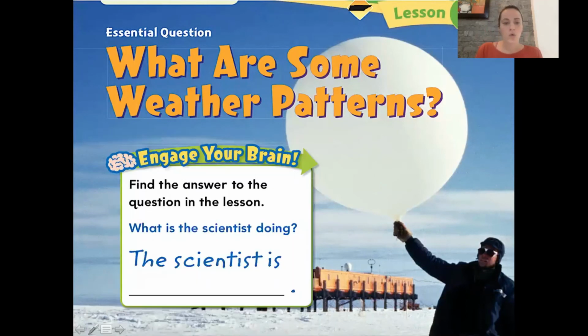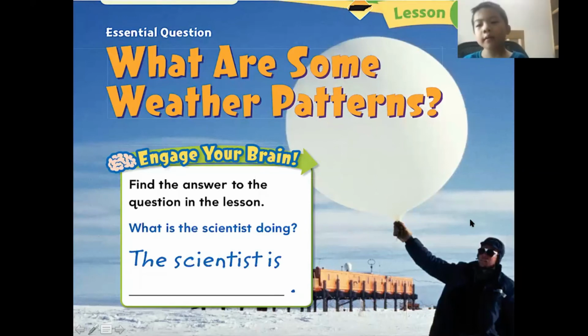So, what do you think the scientist is doing? Min Long, what do you think the scientist is doing? I think the scientist is blowing the balloon at the North Pole.